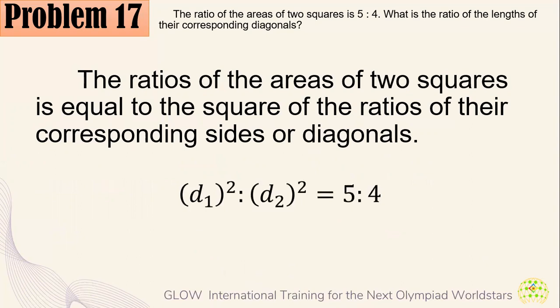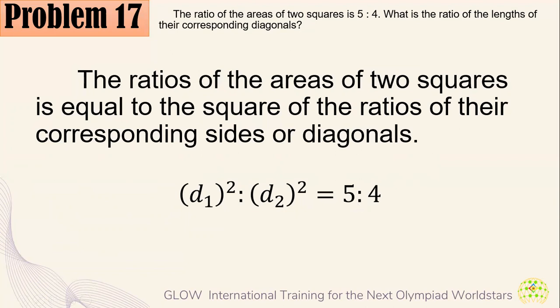That is why, for the ratio of d sub 1 to d sub 2, d sub 1 squared represents the area of a square with area of 5, and d sub 2 squared represents the area of a square with area of 4 units in this case.